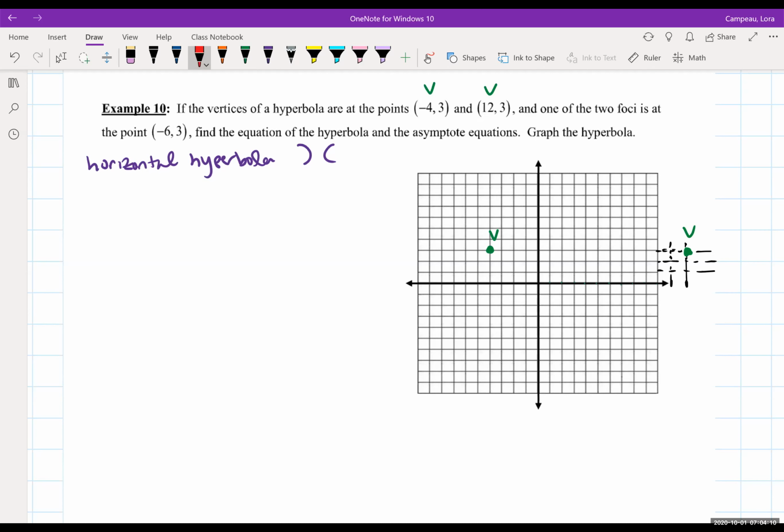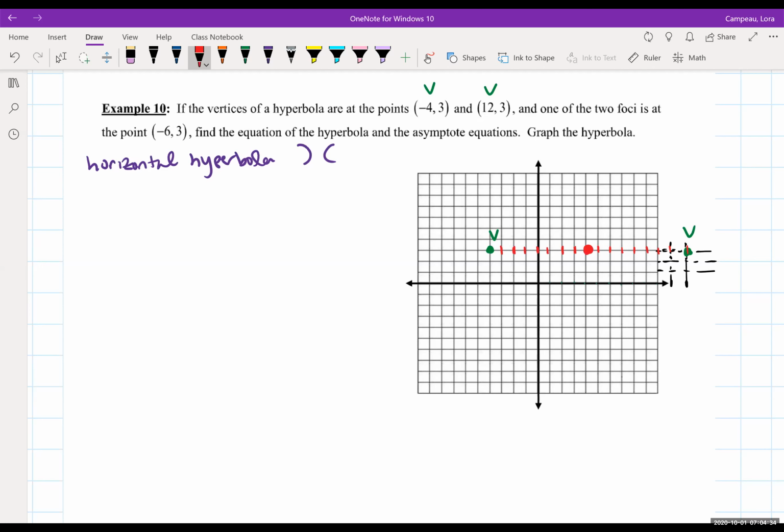If you do have your vertices, the next thing you could be interested in is finding the midway point to see where your center would be. So you could count the distance. 1, 2, 3, 4, 5, 6, 7, 8, 9, 10, 11, 12, 13, 14, 15, 16. If you cut 16 in half, that's 8. So you can figure out where the midline is. 1, 2, 3, 4, 5, 6, 7, 8.